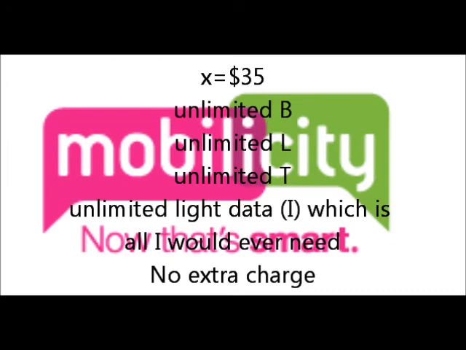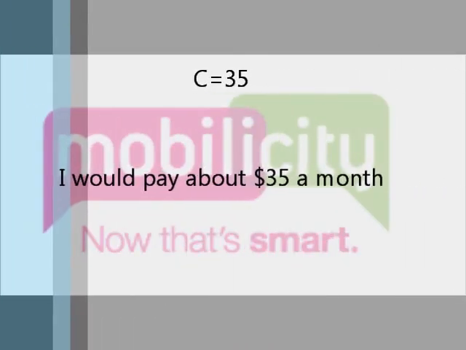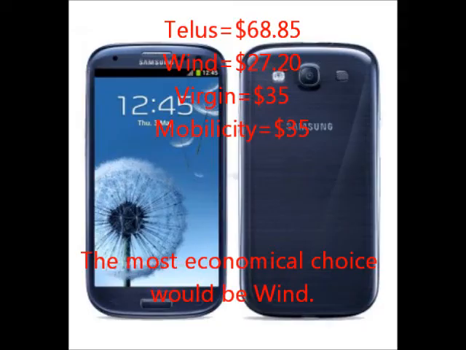For Mobilicity, $35 will give me unlimited everything I need, including the data, which is called light data, but it provides everything I would need, so there is no extra charge. So my total cost would be about $35 a month.